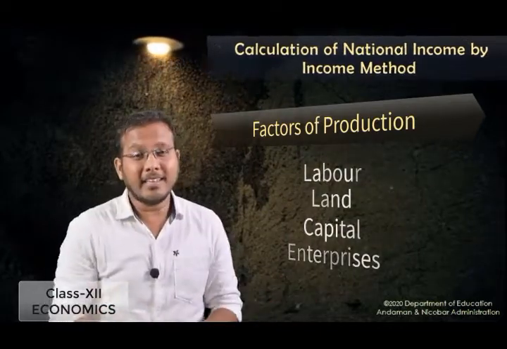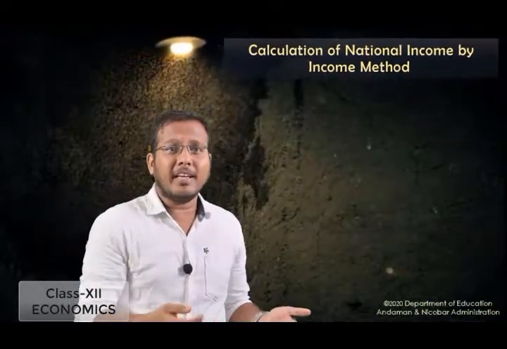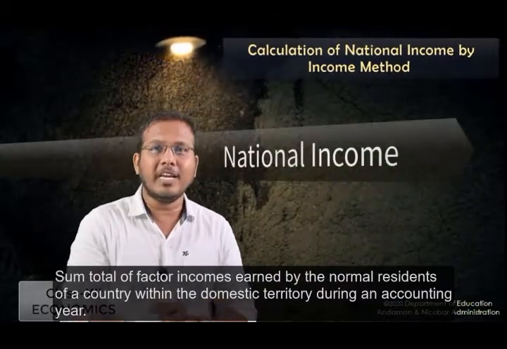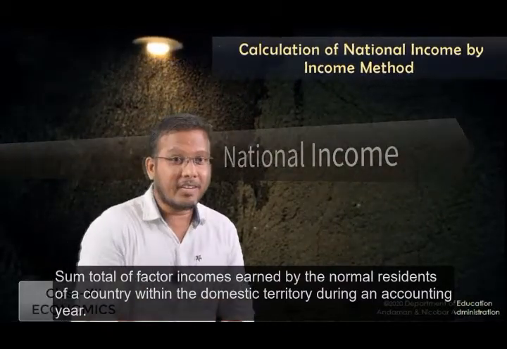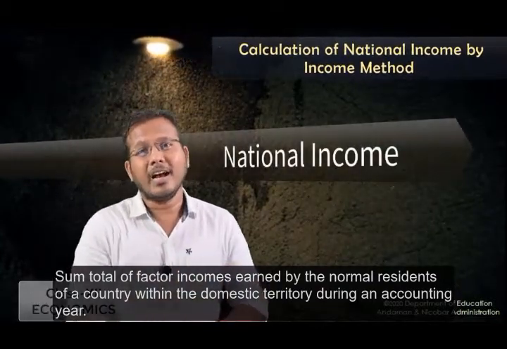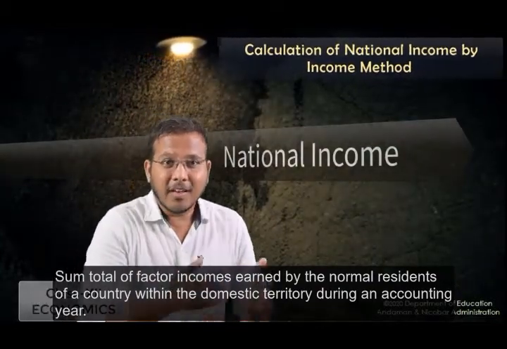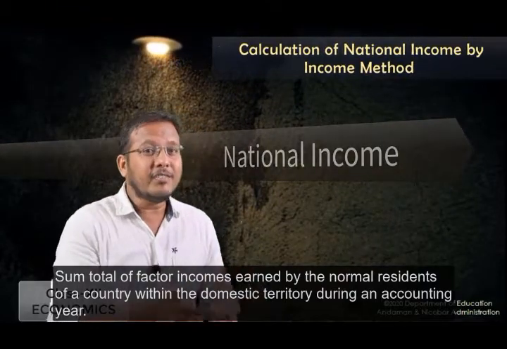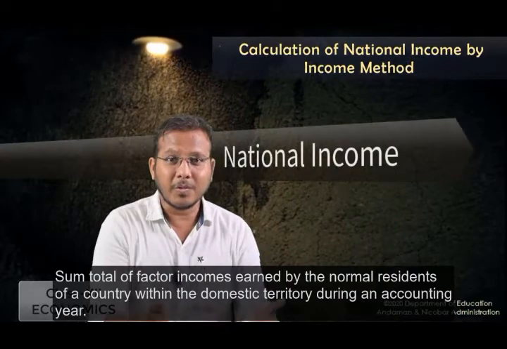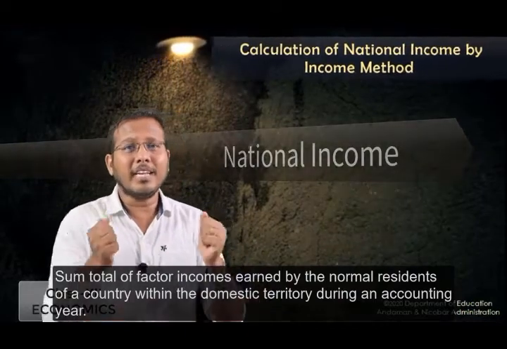We can say that the national income is estimated as the sum total of all factor incomes earned by the normal residents of a country who render their factor services during an accounting year, and which is generated within the domestic territory of a country. That is being called what? The domestic income.